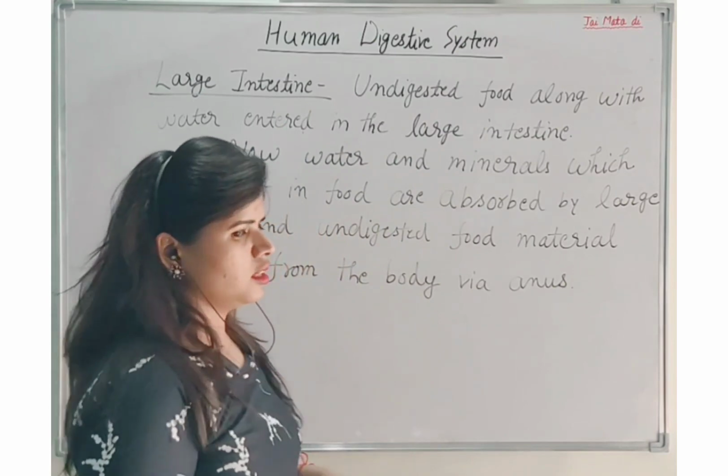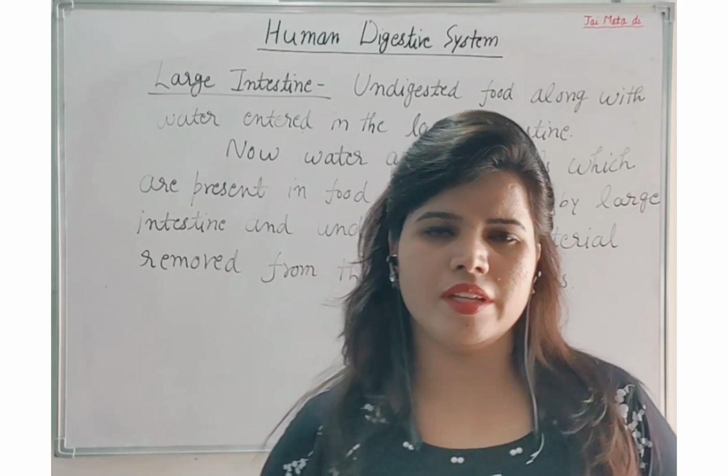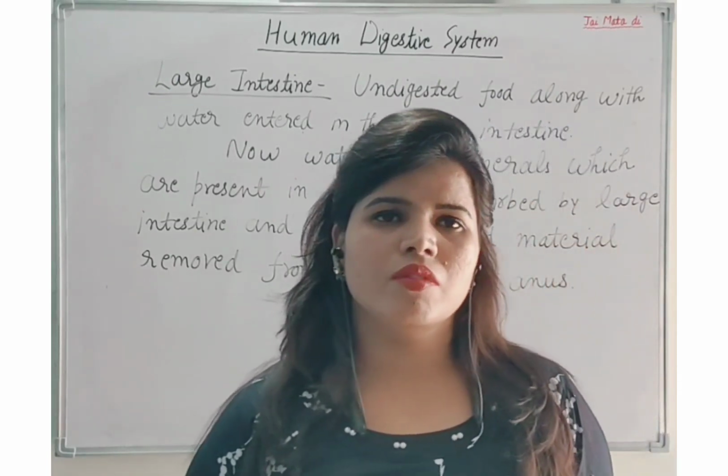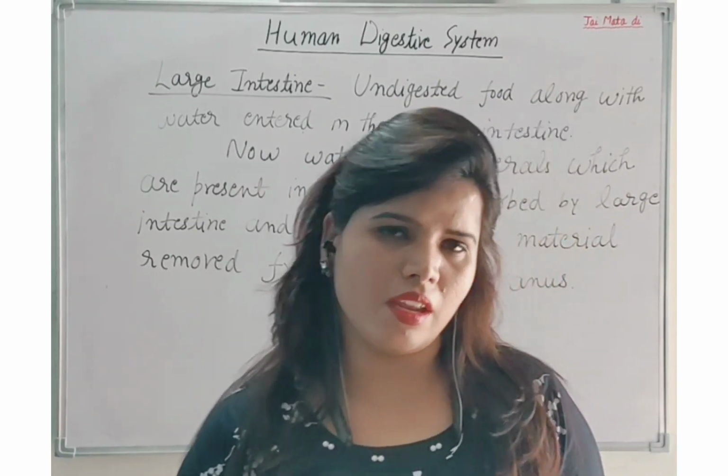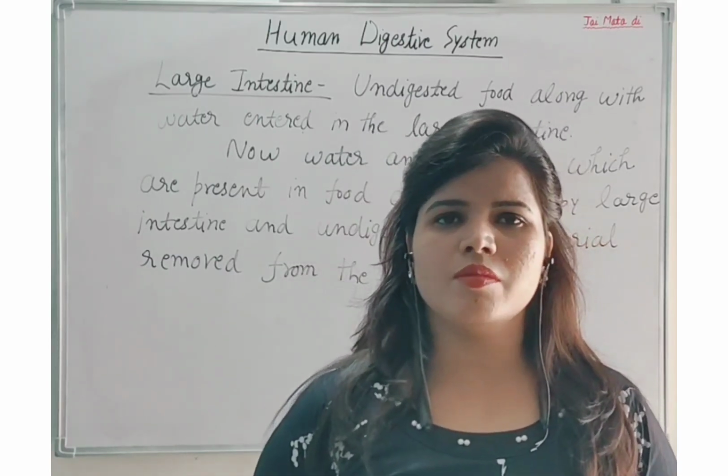So here the complete digestion of food takes place, and finally the undigested food will come out from the body via anus, right? So our human digestive system is completed now.